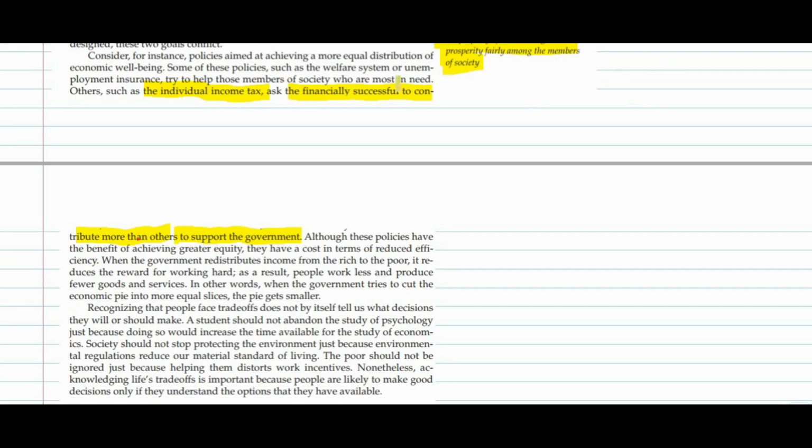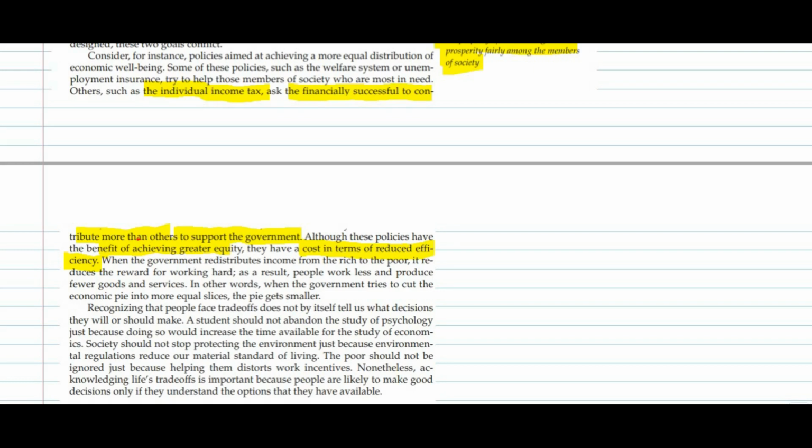Although these policies have the benefit of achieving greater equity, because prosperity is more fairly distributed among the members of society, you have to face some cost, and that cost is in terms of reduced efficiency. If you focus more on equity, then definitely you will have a cost in terms of reduced efficiency.